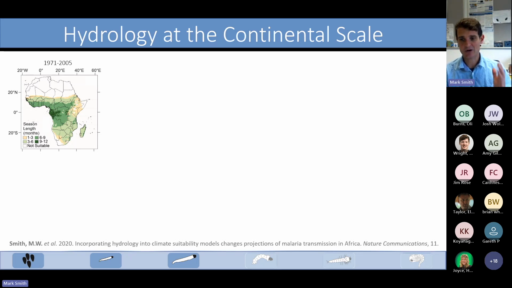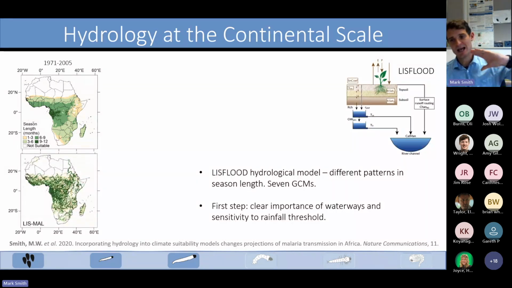Now, in our first attempt at this, 2020, we coupled the climate data with LISFLOOD, not the floodplain LISFLOOD, but the hydrological LISFLOOD, to try and start to represent some of these surface processes. I don't want to dwell too much on the detail here because there's an updated version coming in a few slides. We only did this with RCP 8.5, okay, and with 7 climate models using LISFLOOD.